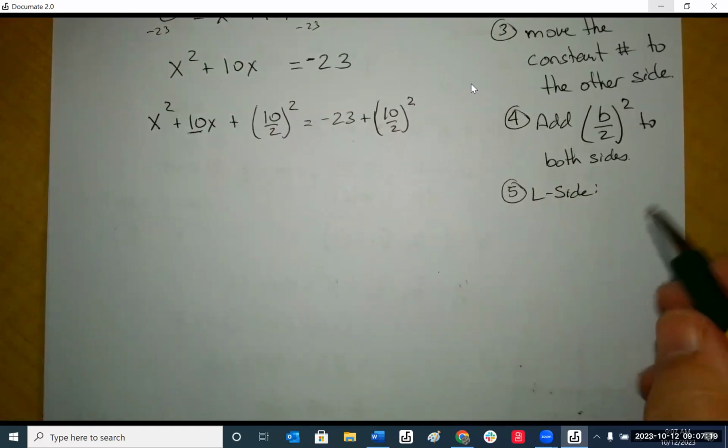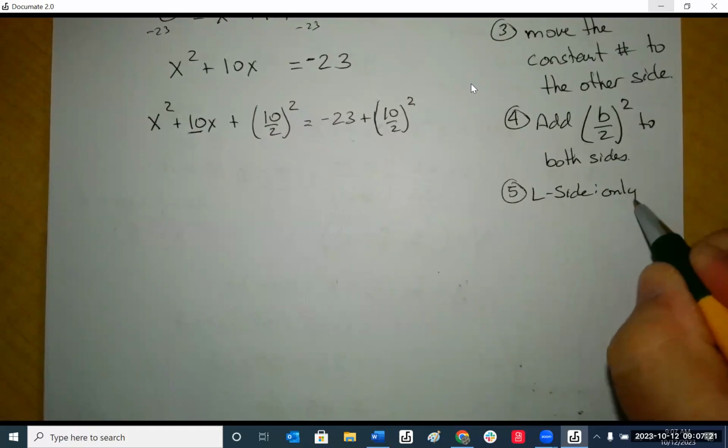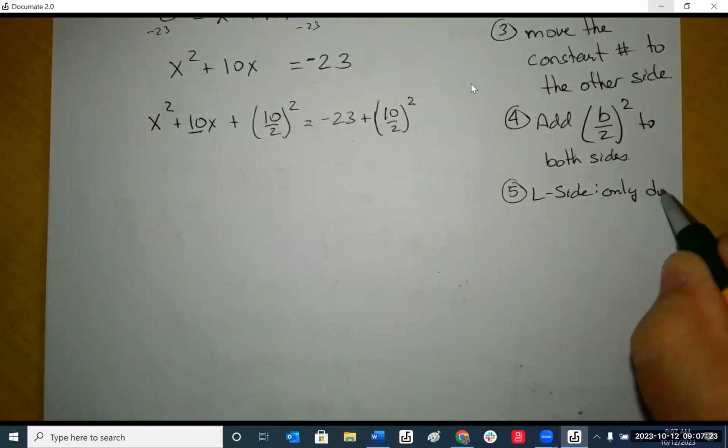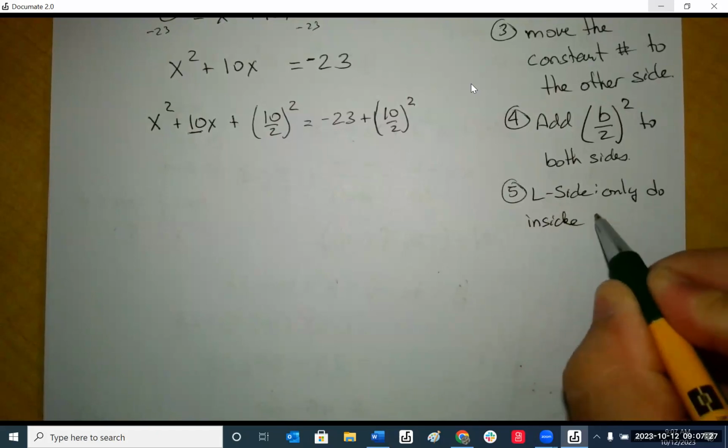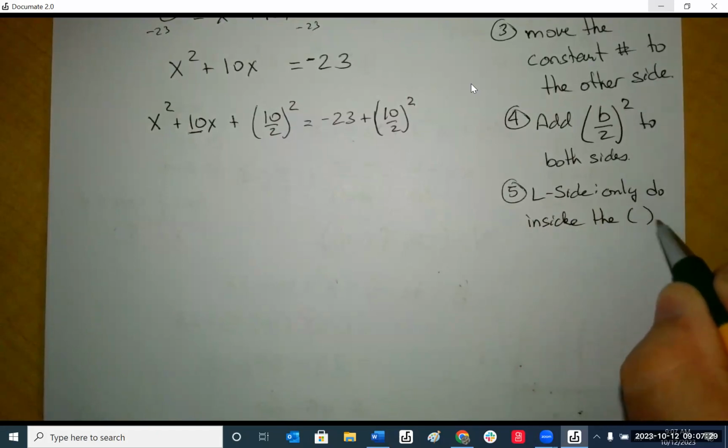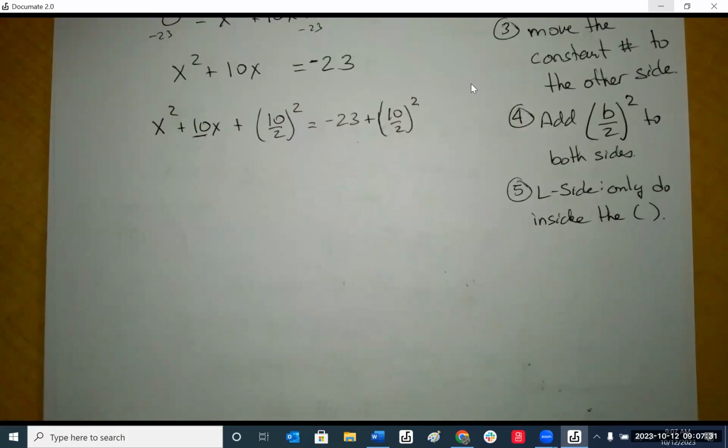On the left side, only do inside the parentheses. Don't square it.